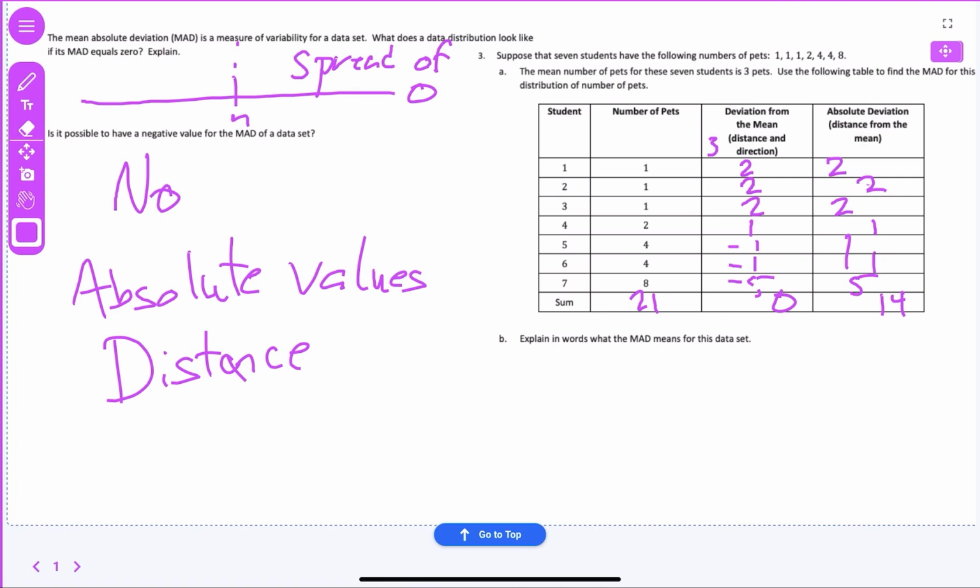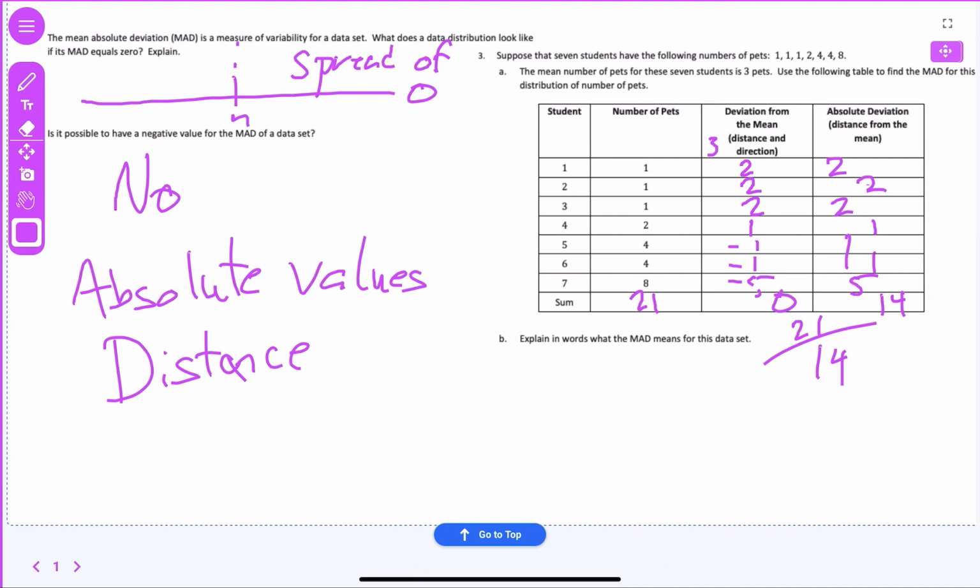It's the absolute deviation divided by what? I'm sorry. The sum divided by the total distance, right?